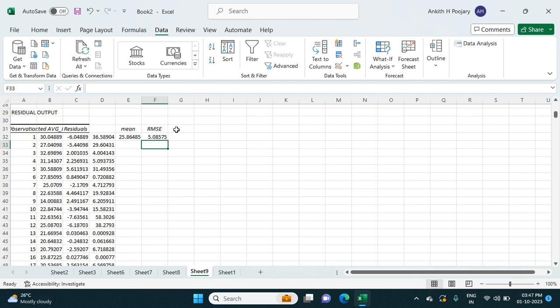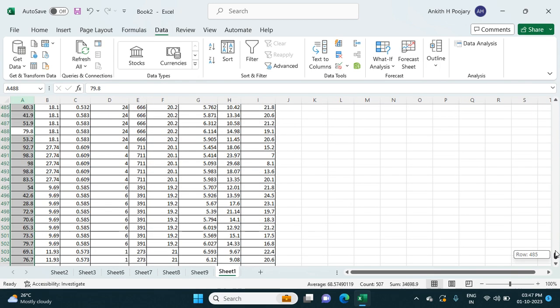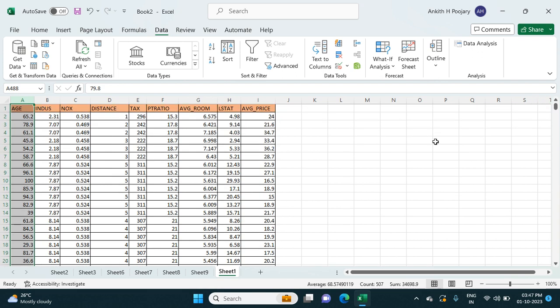So the condition for RMSE is that RMSE should be within 10% of the actual error. So how to find the actual error? The actual error is nothing but the average of the dependent factor for which we are predicting, the average price, right? So first get the average of the average price.